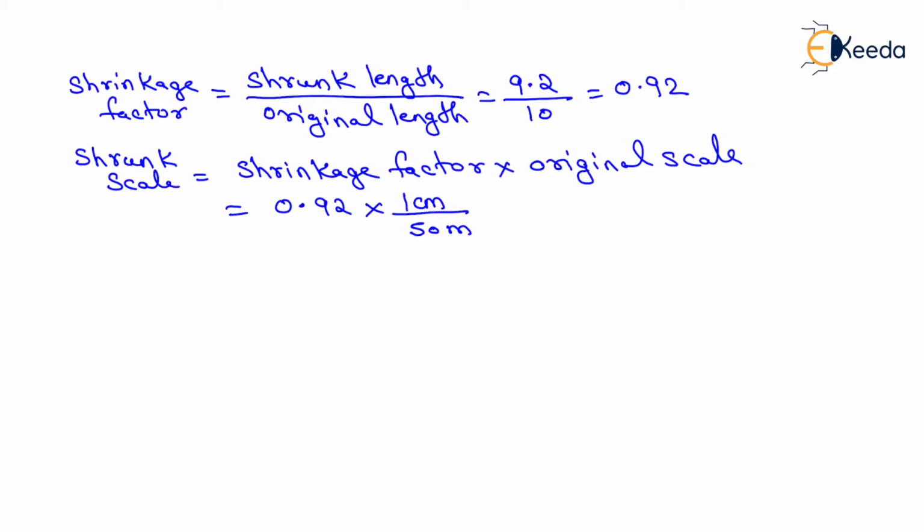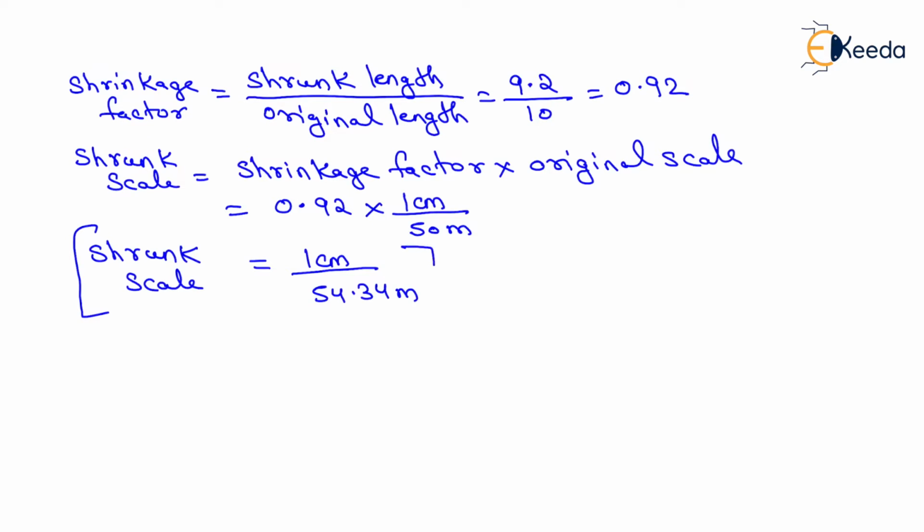After solving this, we will get the scale as 1 centimeter upon 54.34 meter, that is the shrunk scale. So we computed the scale after shrinkage, that is 1 centimeter equals 54.34 meter on ground.